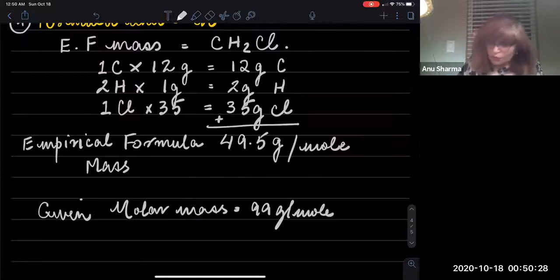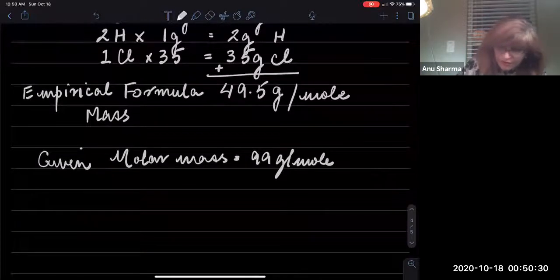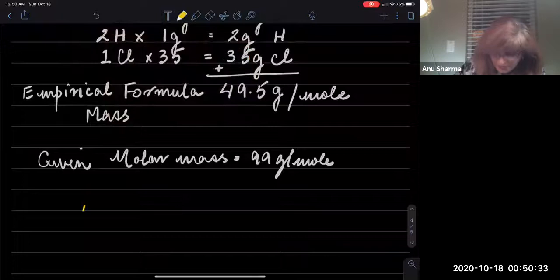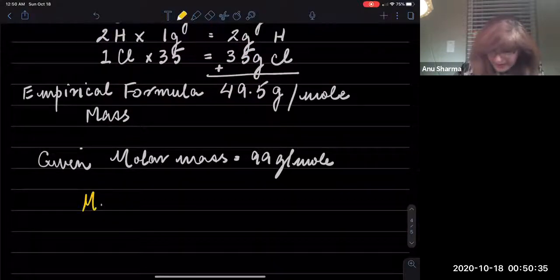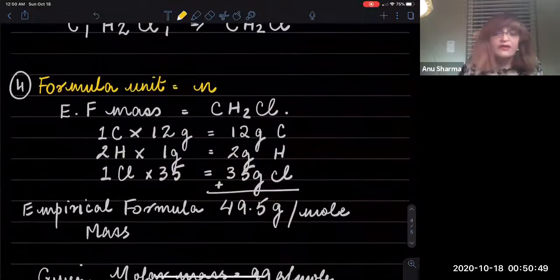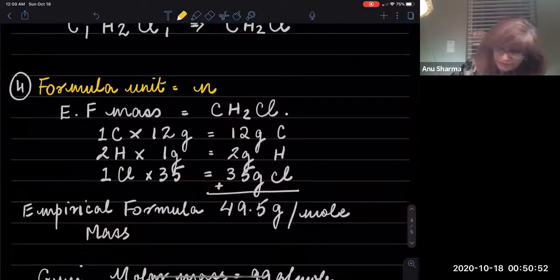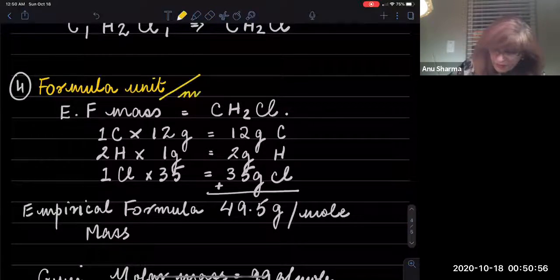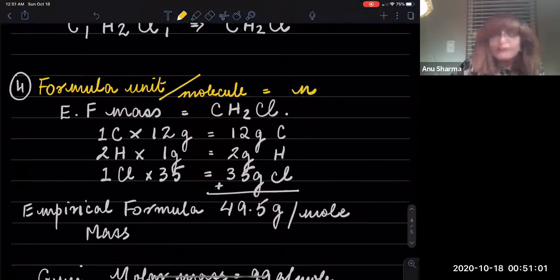So the molecular formula mass divided by the empirical formula mass is going to give you the value of N, the formula units per molecule. Actually, sorry, this is per molecule, for 1 molecule, in other words.